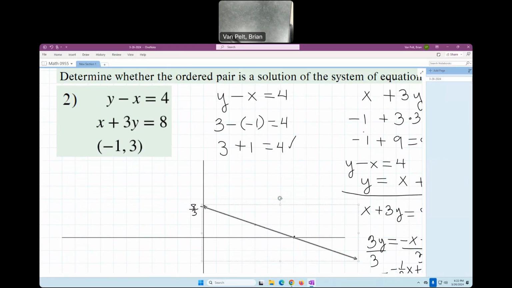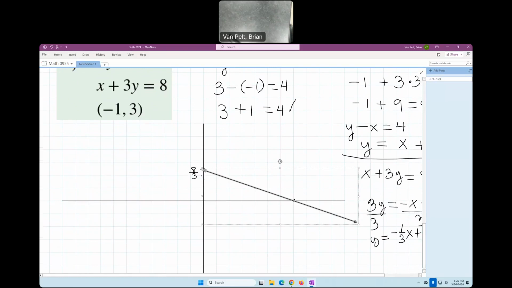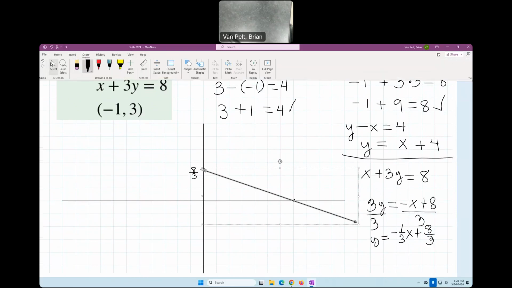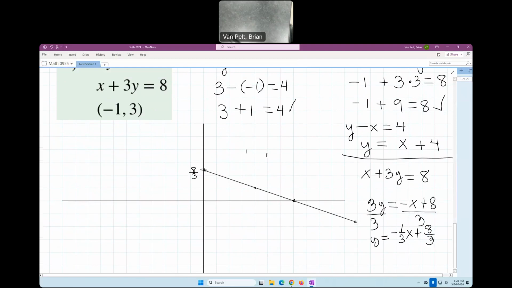So there's one. Now the second line, remember I'm estimating, I wanted this to come out well, but it did not. The other one was pretty simple, y equals x plus 4, so let me draw that one in. The slope is 1.